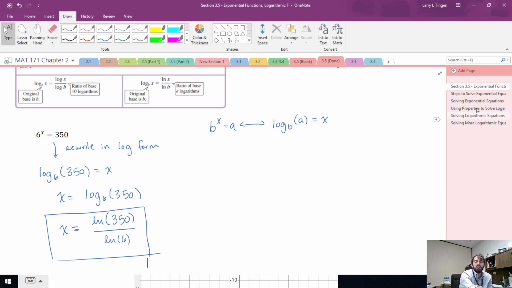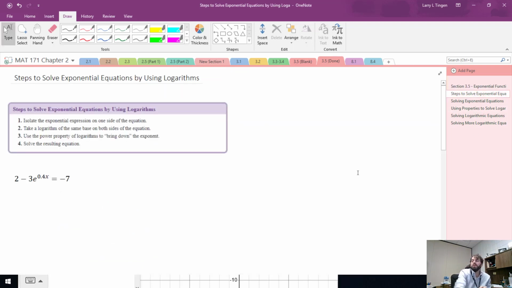So first page done. And now we're going to go on to solving exponential equations using logs. All right. Now, we haven't seen this before. Everything we've done up to this point has been get the same base so that your arguments are equal, or get the same logs so that your arguments are equal.